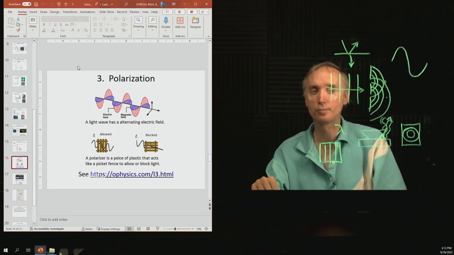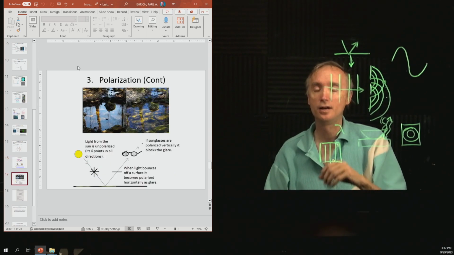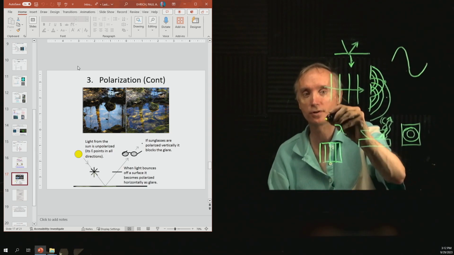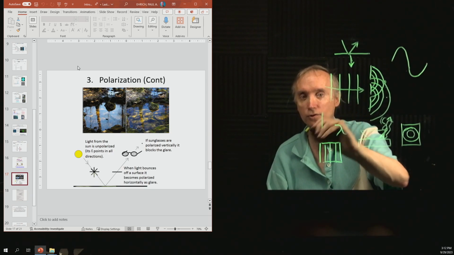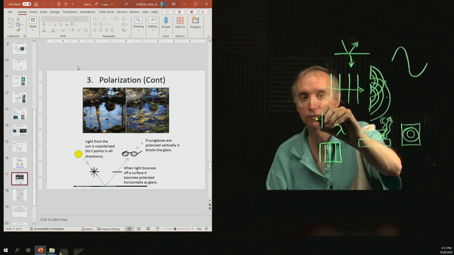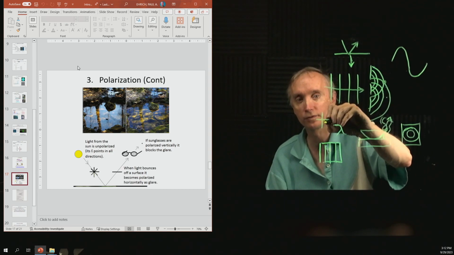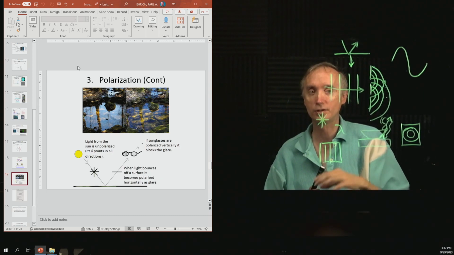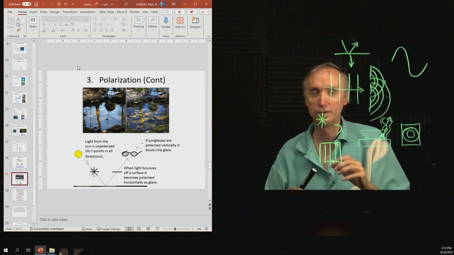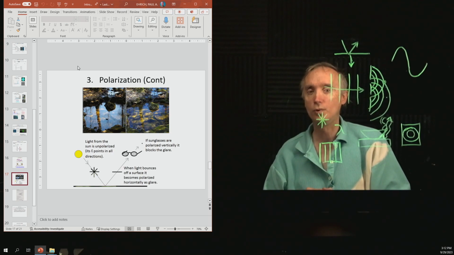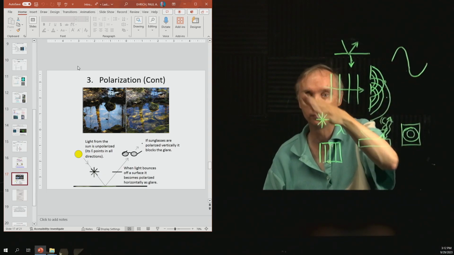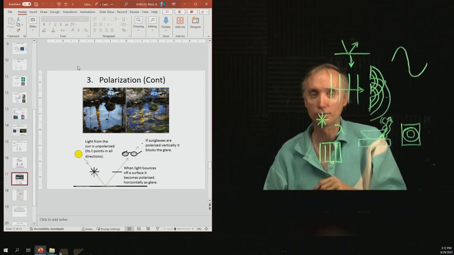So what's that got to do with polarizing sunglasses? The light from the sun is unpolarized. So that's this picture here where I've got the electric field going up and down, the electric field going sideways, and the electric field at an angle. That's the light that is coming towards you from the sun, unpolarized light. But when it hits a surface and bounces off of it, it becomes polarized.